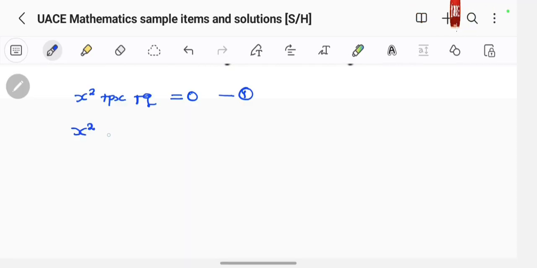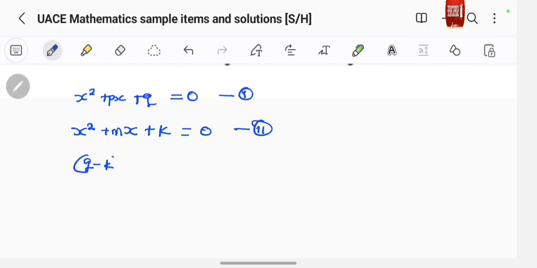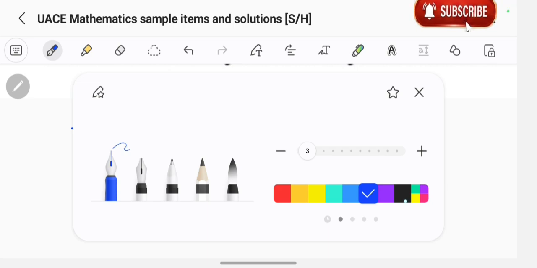Then the second is x squared plus mx plus k equal to 0. This is the second expression. Then they are telling us to prove that q minus k squared is equal to m minus p into pk minus mq.